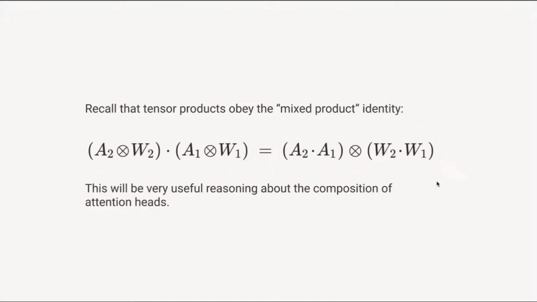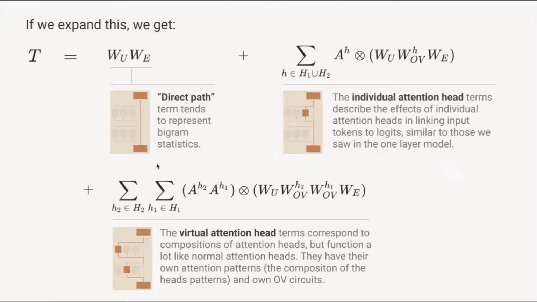Okay, so now we can write the expanded form of that equation. We're going to have three types of terms. First, the direct path term. We've seen this term all the way back in our zero-layer transformer. It's a good old friend, and it corresponds to the direct path down the transformer, and it tends to represent bigram-ish statistics.